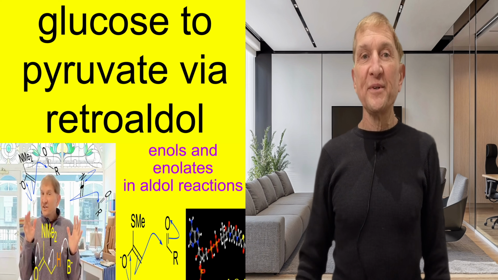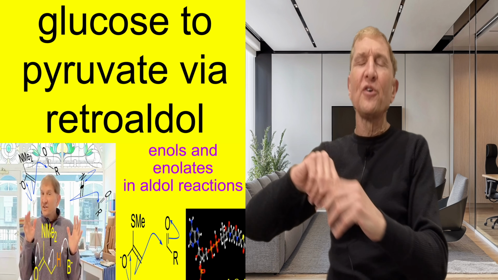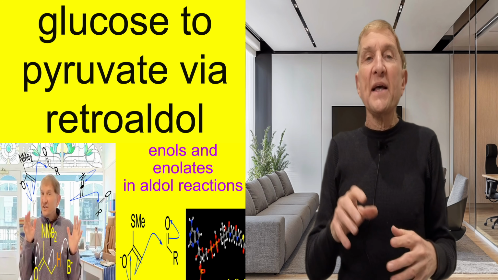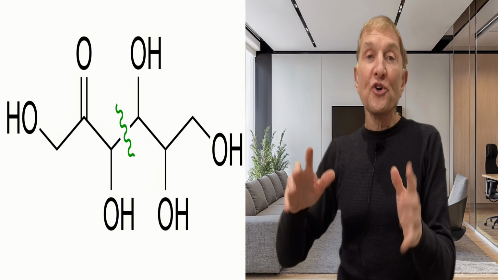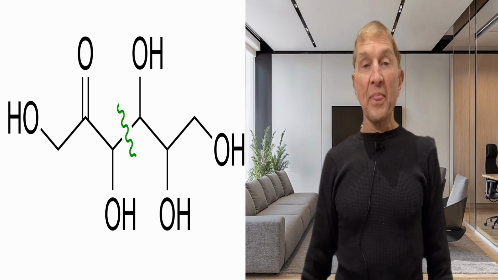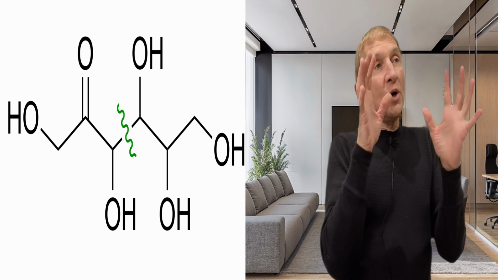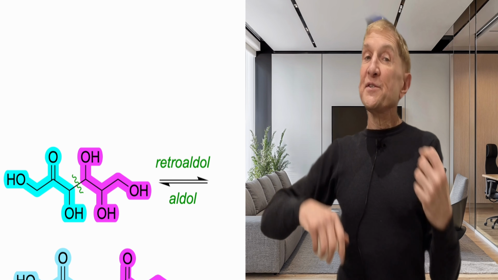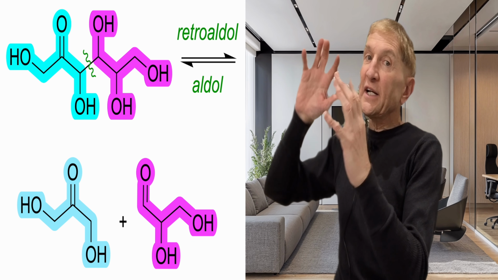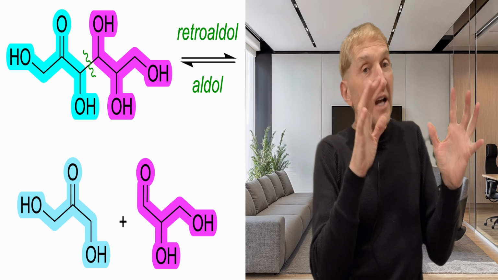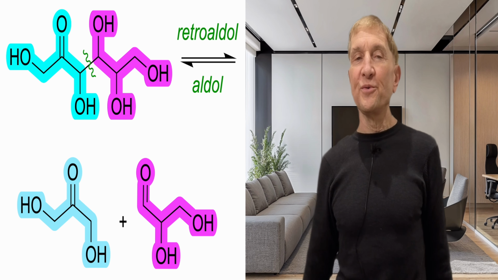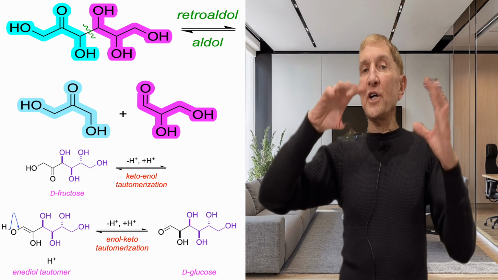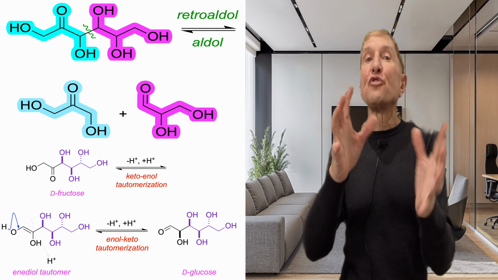How does that happen? Well, let's ignore phosphorylations and all the different enzymes involved. That happens basically via a retroaldol reaction. Think of the aldol reaction, which could give glucose. That aldol reaction is fundamentally between glyceraldehyde and dihydroxyacetone. To get to the retroaldol reaction, we have to convert glucose to fructose.